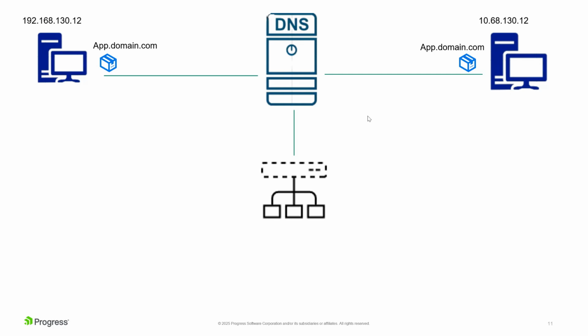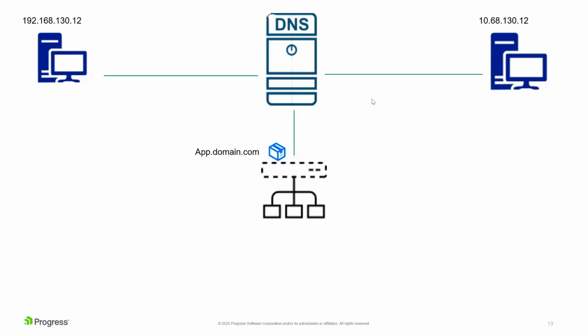What that means in layman's terms is, hey, I know a guy. So when the request for app.domain.com comes in from the client, the DNS server receives that request and in turn makes a request on behalf of the client to the load balancer.